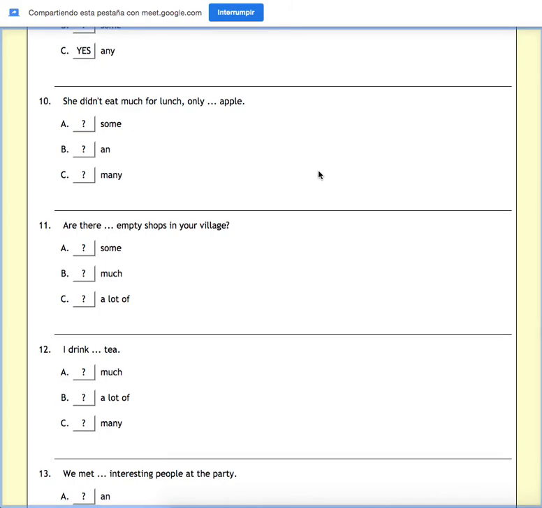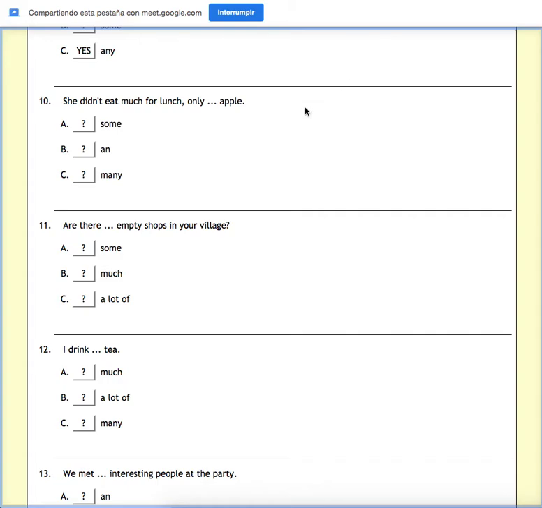Okay, the next one. She didn't eat much for lunch. Only apple. Some and any. What is the answer? Raise your hand. Guys, what is the answer? She didn't eat much for lunch. Only apple. Some, maybe?